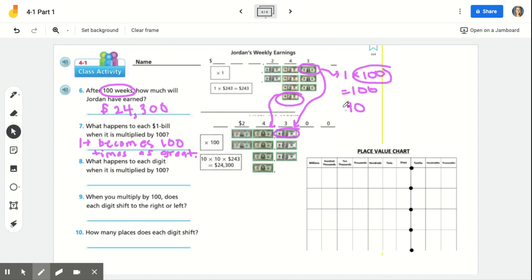So one $10 bill times 100 is equal to $1,000. All our currency here is going to move over 2 place values, and every piece of currency becomes 100 times as great as what he started with that first week. So number 8 is the same answer as number 7. It becomes 100 times as great.